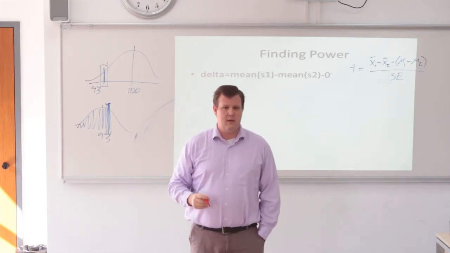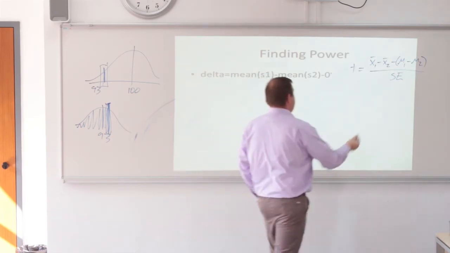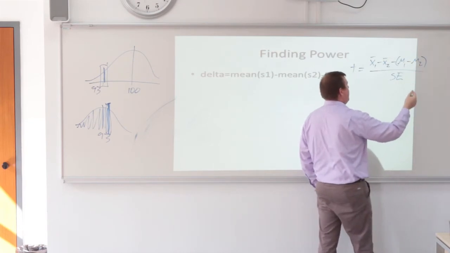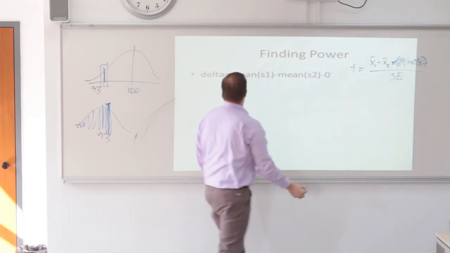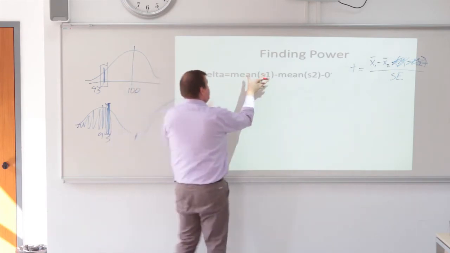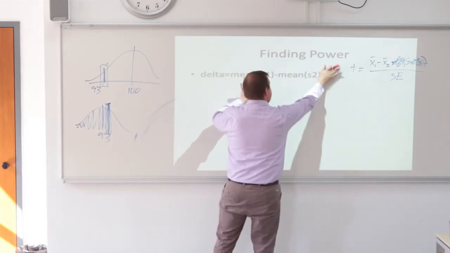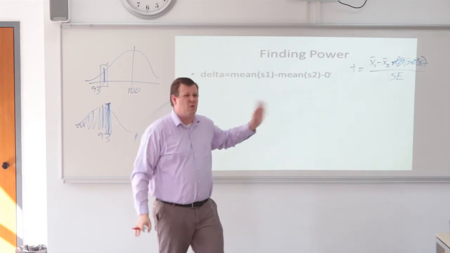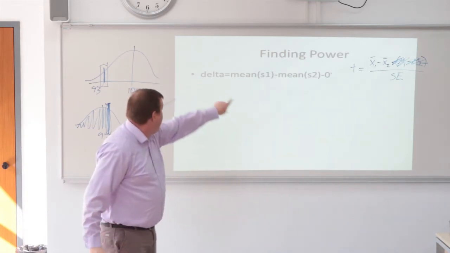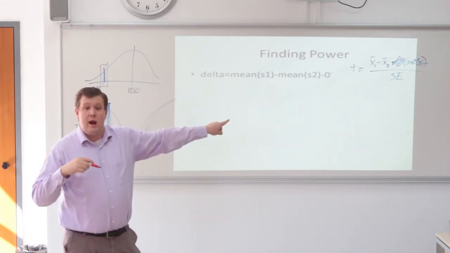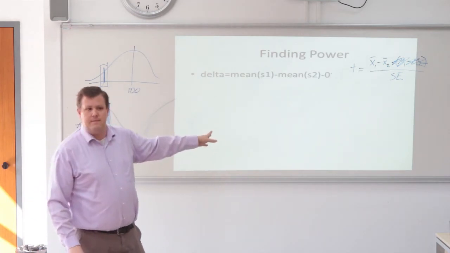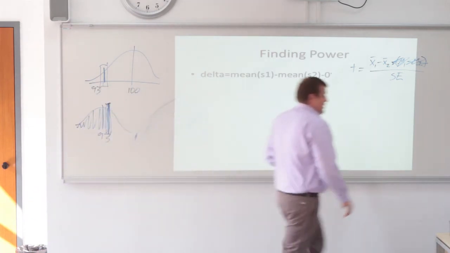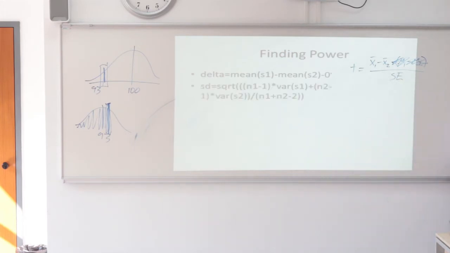And we said when this hypothesized difference is 0, that just drops out. So our delta is just the first mean minus the second mean. Don't even need to worry about that there. But I put it in anyway, so if we are predicting a specific difference, you know how to do it. All right, so there's our delta, our standard deviation.